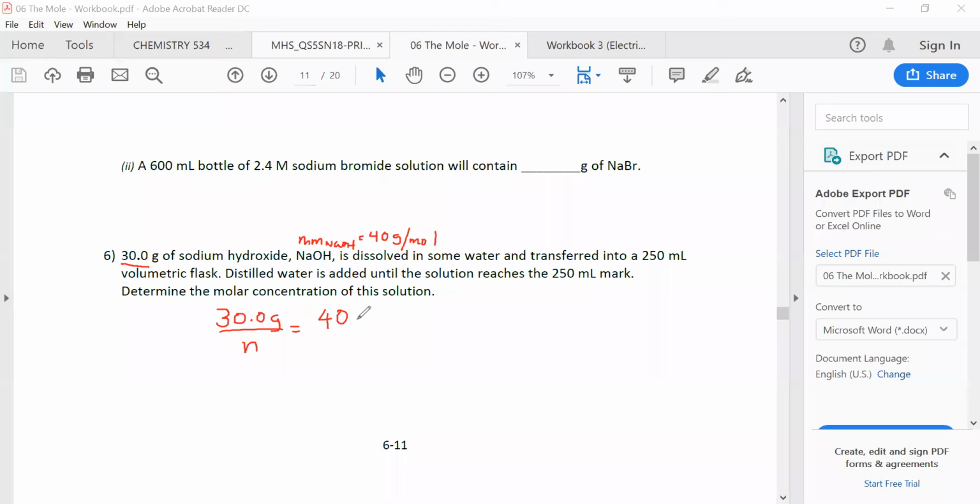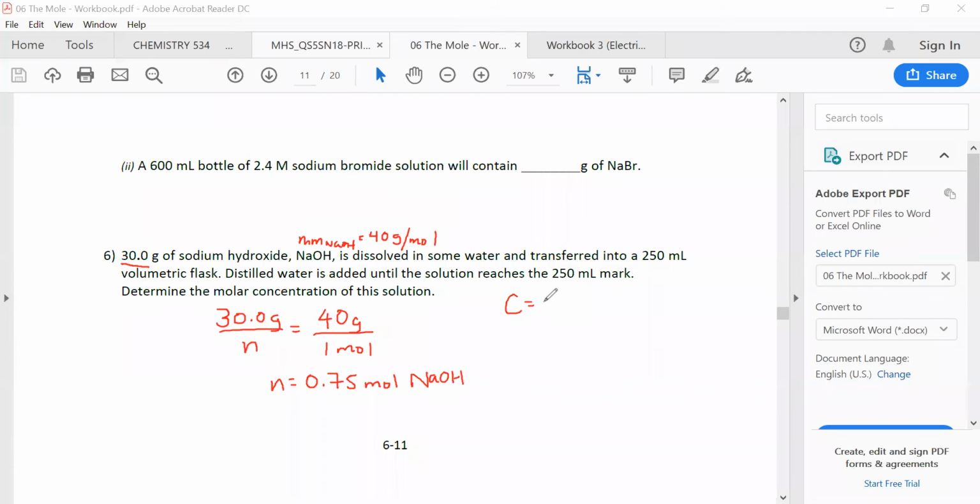And this right here, 40 grams per mole, represents per 1 mole. And when I go to cross multiply this, of course, this represents 0.75 moles of the NaOH. Now, once you figure that out, you know that you are actually filling this all the way to a 250 mL mark.